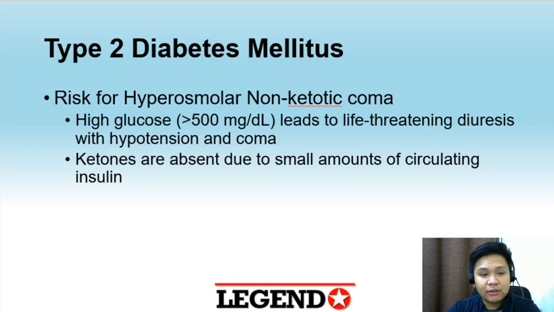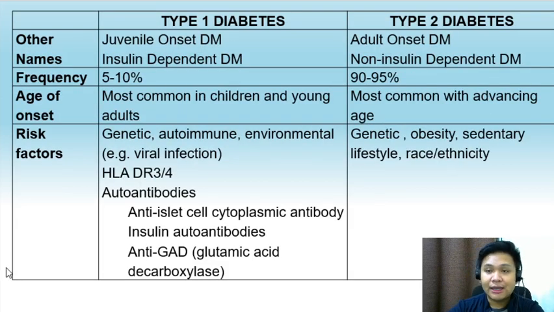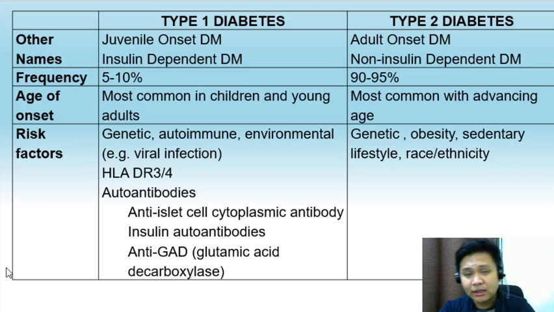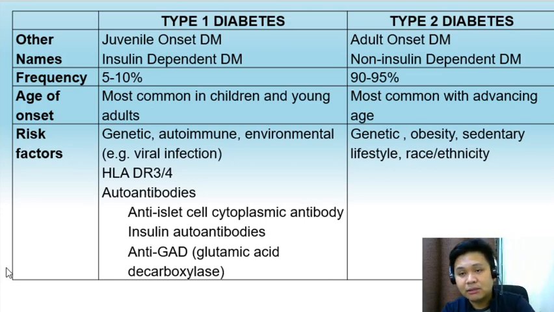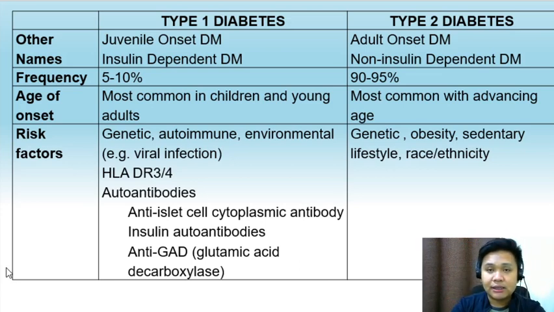So you have here a table differentiating type 1 from type 2 diabetes. So type 1 is also known as your juvenile onset DM, or your insulin dependent diabetes mellitus. Type 2, on the other hand, is adult onset diabetes mellitus, or non-insulin dependent diabetes mellitus. Then again, we have mentioned a while ago that type 2 is more common.